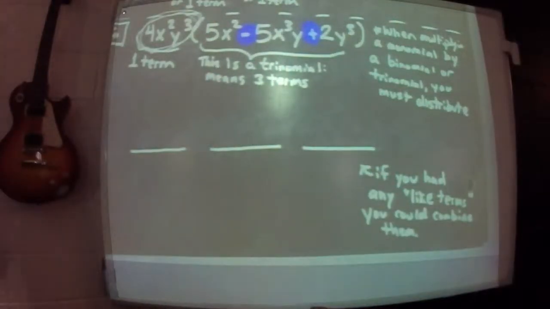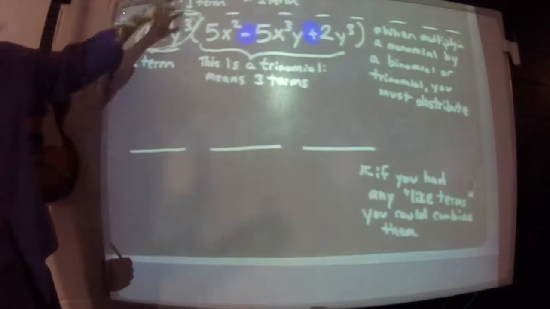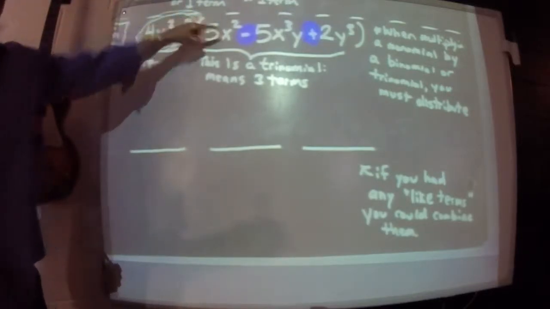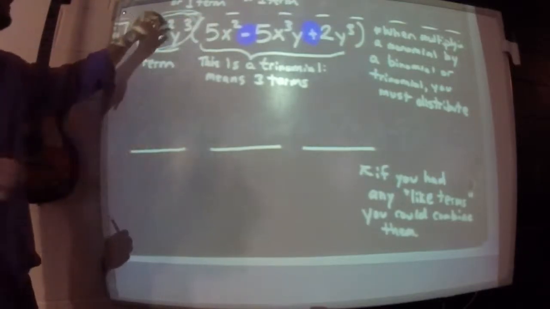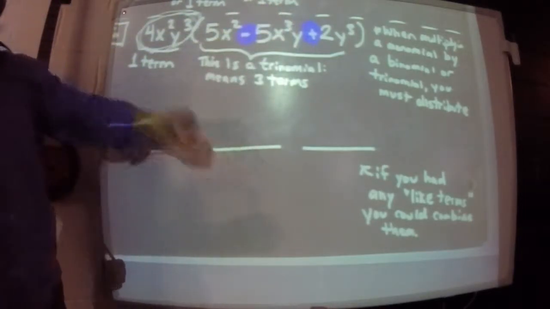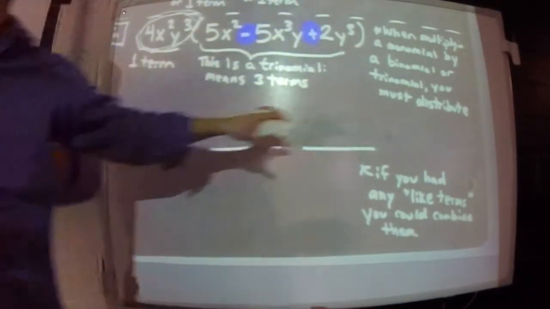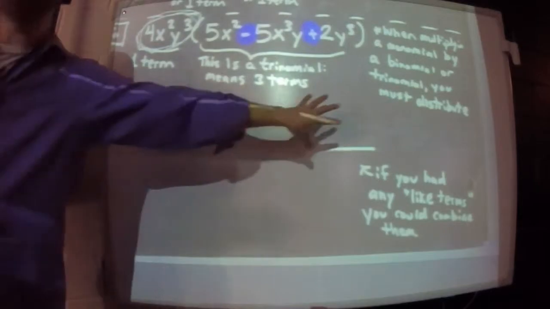So what we're going to do is take that one piece and distribute it. It's going to go this times this, and that'll give you an answer. And then you're going to go this times this, and you'll have a second piece. And then this times the last piece, and you'll get a trinomial as your answer. You should have three separate things.